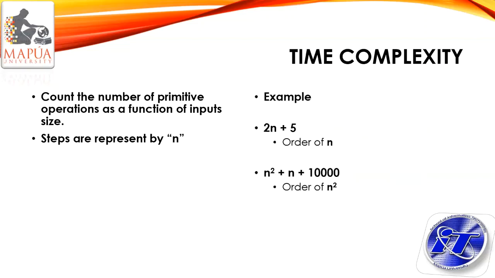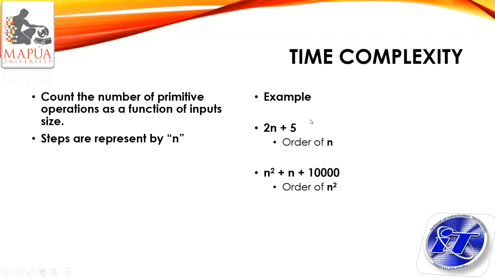Okay, so for example, an algorithm has a growth rate of 2n plus 5. So what will be the asymptotic notation of this? So which value has a great effect based on this term? Let's suppose n is close to infinity or infinity.